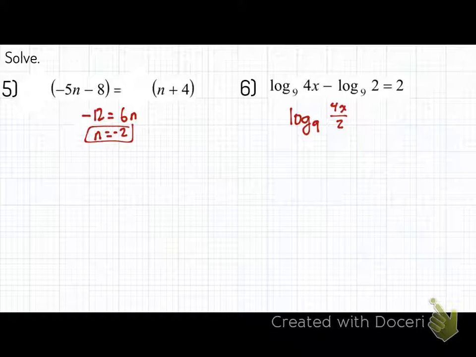You see log base 9? These both have log base 9. I just condensed them into one log base 9. Remember the quotient property, 4x minus 2? You use a division sign when you see a minus. This was Friday's lesson. If you don't get this, you have to go back to Friday's lesson. Alright, so now we bring down equals 2.